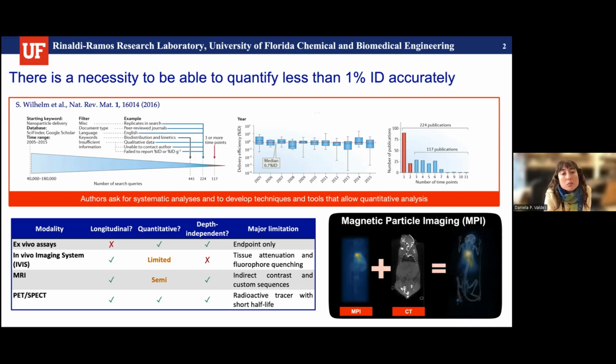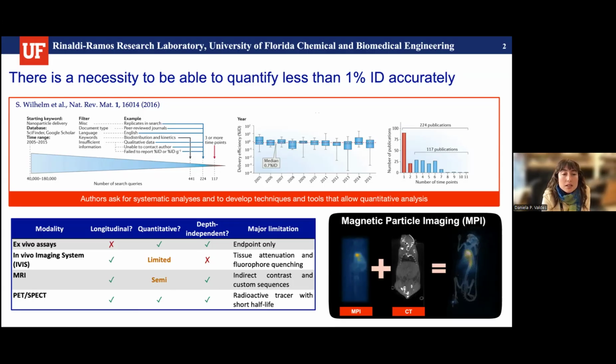Then with more conventional and large-scale techniques, more established for the clinic like MRI or PET, with MRI, we have something that's semi-quantitative, and the contrast is indirect. So we probably need to add some other contrast agent, or we need a custom sequence to be able to quantify the particles.